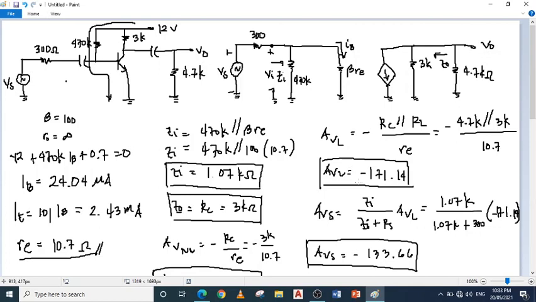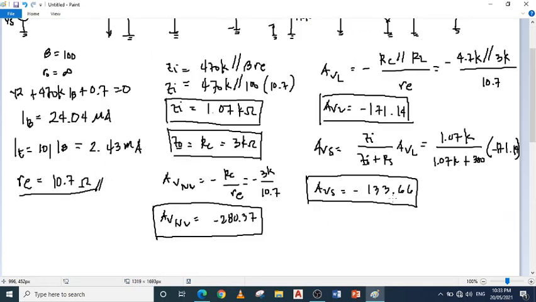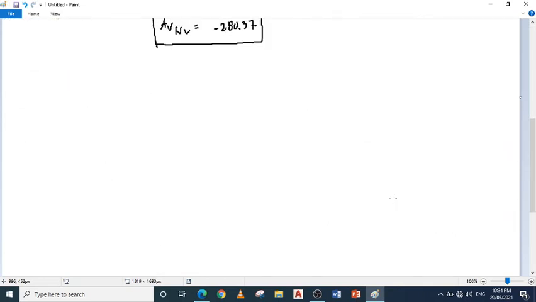Para i-compare yung mga values na to kung tama lang ba. Okay? Using two-port system approach. So, yung drawing kanina, okay, is ganito. Meron tayong Ri which is equal to Zi.